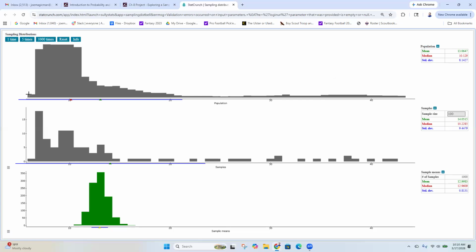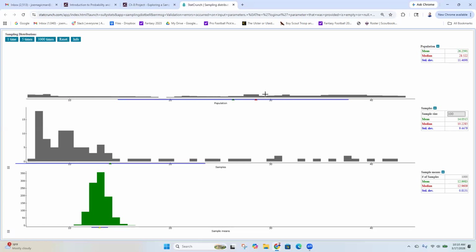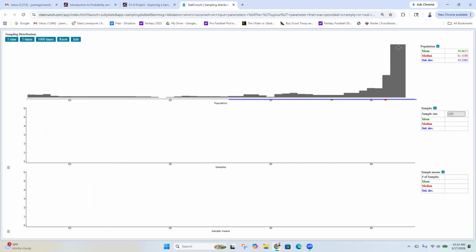So you're going to click and drag your mouse button again, make a big, huge tail on the left, a couple outliers out there, and a big spike over here on the right so that its tail is off to the left, skewed left. You need to make sure your mean and your median are more than 2 apart.